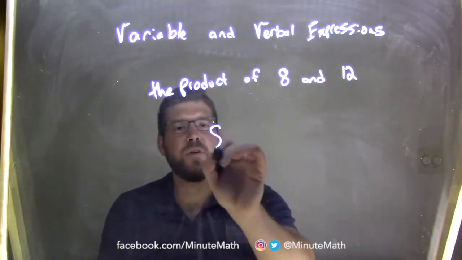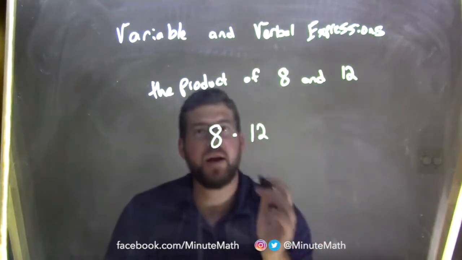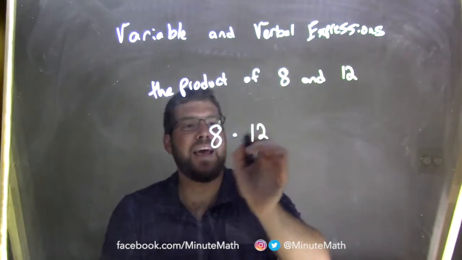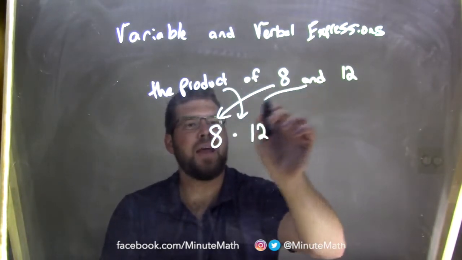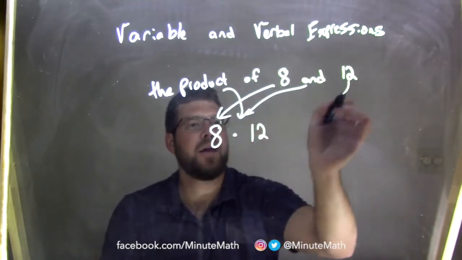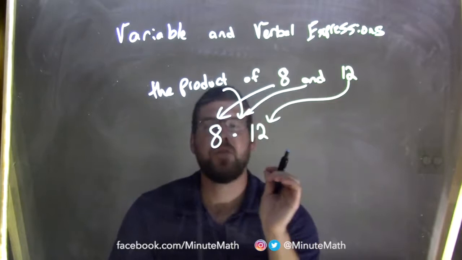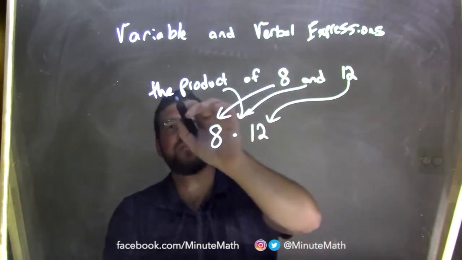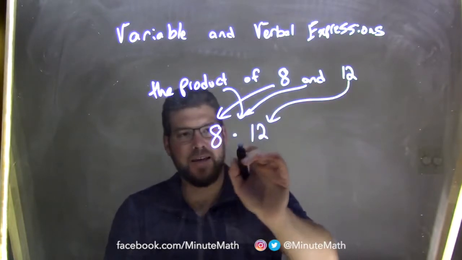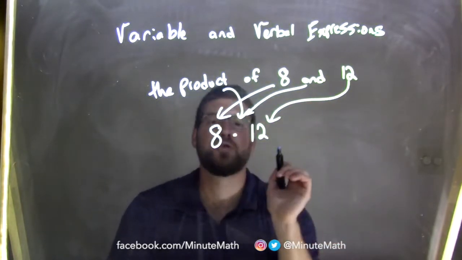Well, 8 comes first, so 8 and 12. So the 8 comes out here, the product combines the two, and 12. So the product of 8 and 12 is the variable expression of the verbal expression written right up here. So 8 and 12, 8 times 12, the product of 8 and 12.